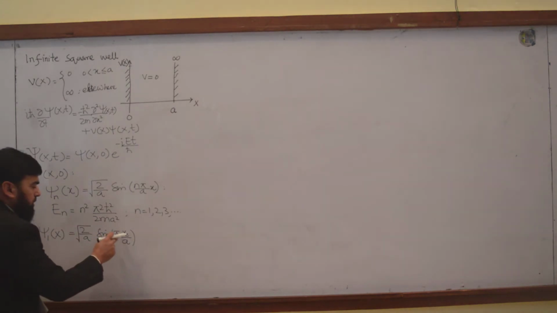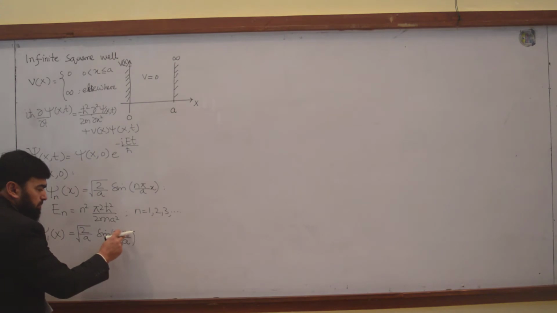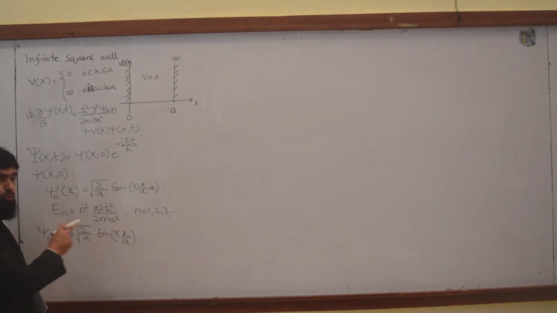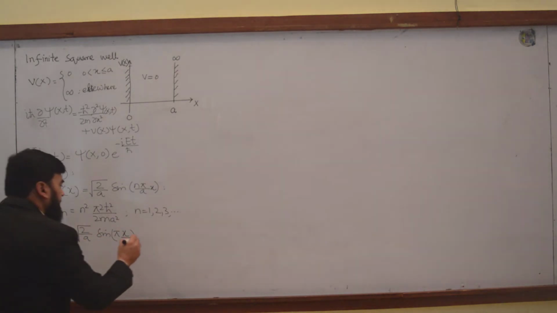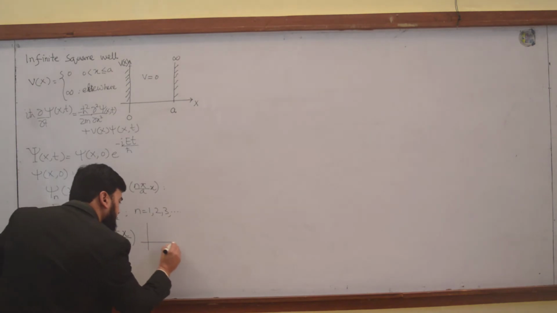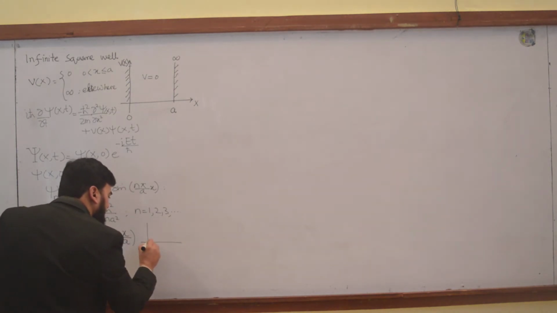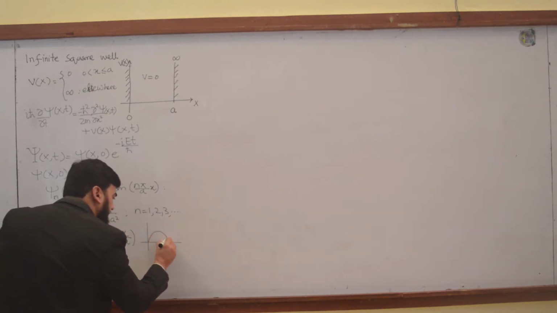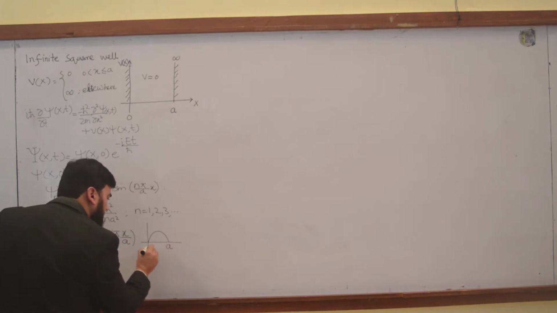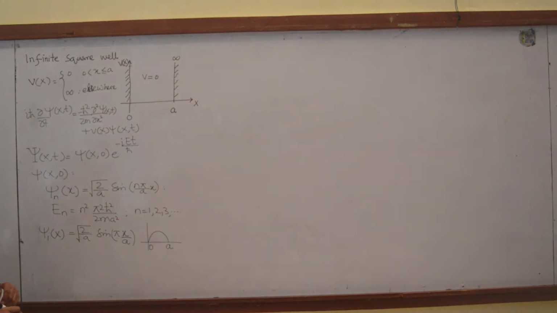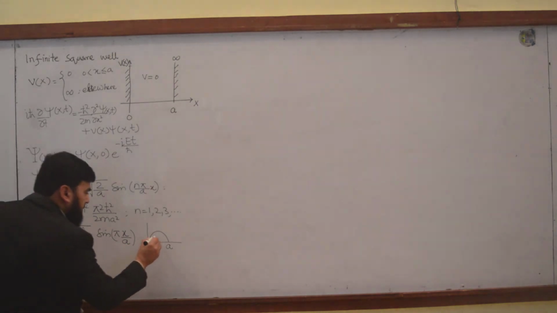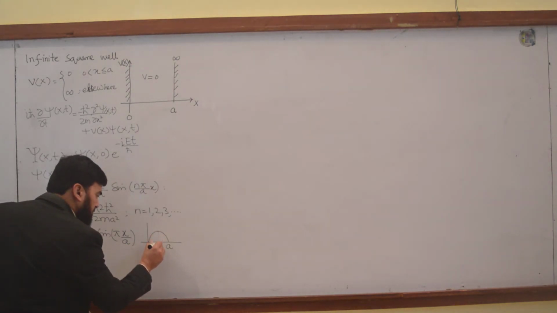And when x was a by 2, then we had pi by 2 and it was maximum. So its shape was like this, that it starts from here and ends up here if this is point A, and this is A by 2.